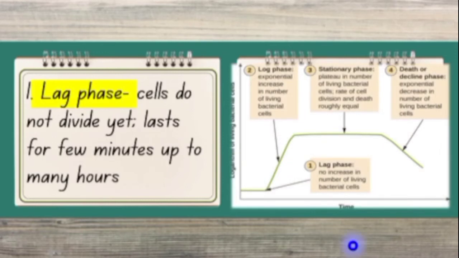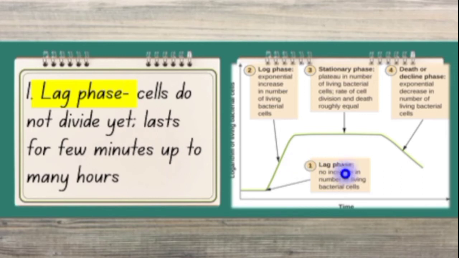Well, the first phase is called the lag phase. As you can see in this line graph here, the lag phase is the first phase of the growth cycle wherein there is no increase in the number of living bacterial cells. Okay, no increase yet.